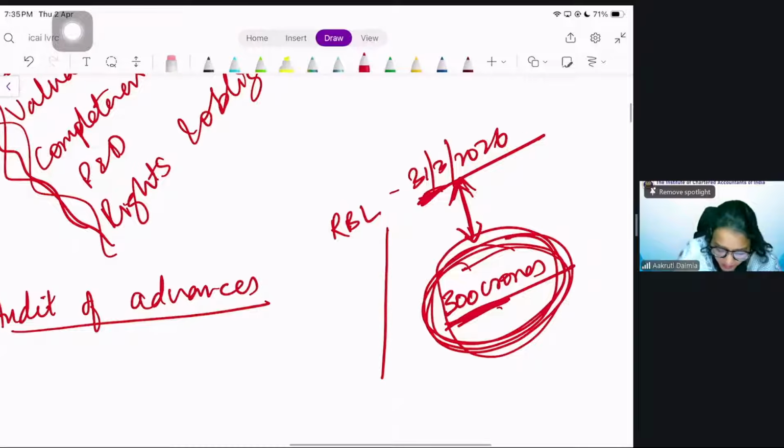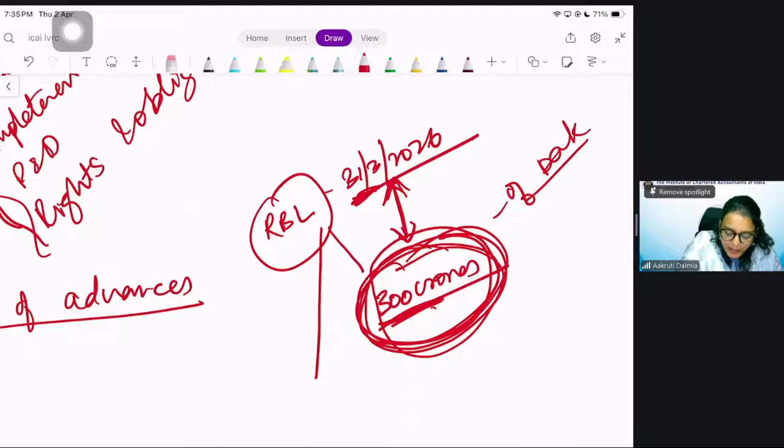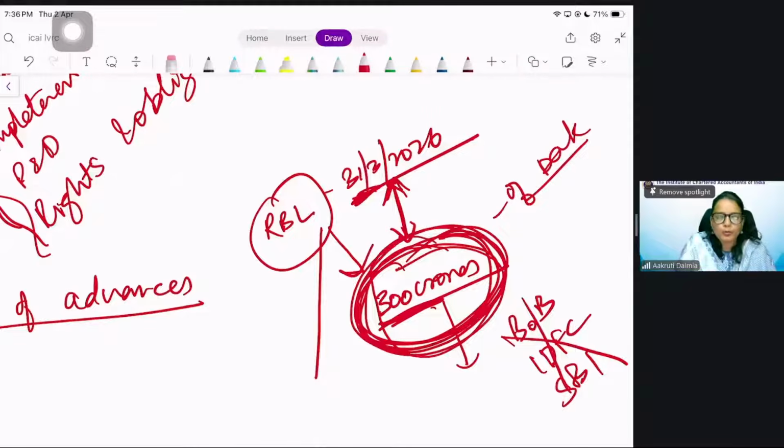Second thing I'll say, they are of the bank only. This is showing in RBL Bank's balance sheet, so these are RBL Bank's advances only, which means if I pick up any documents, I should not see Bank of Baroda or IDFC Bank or SBI. So if it is being shown in your books of accounts, it means they belong to the bank.